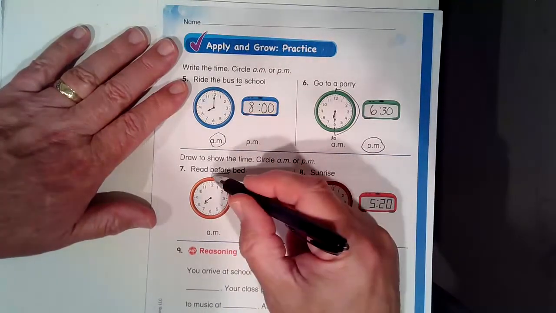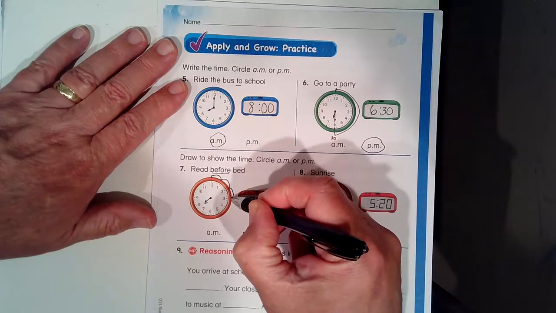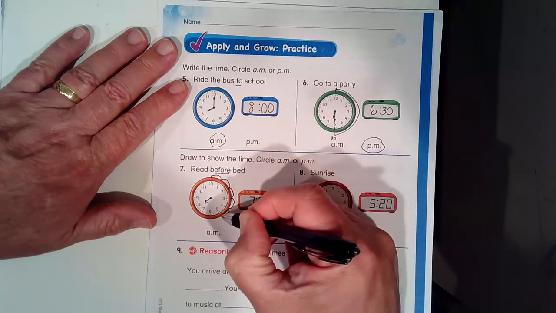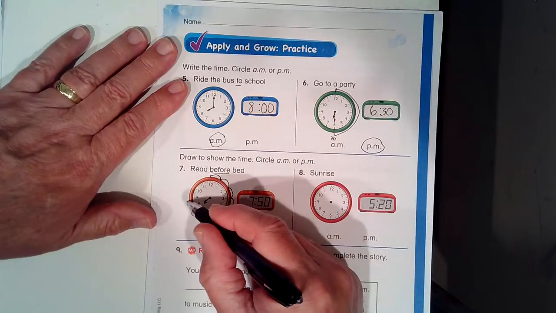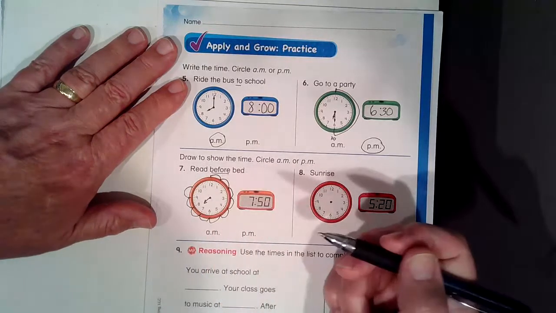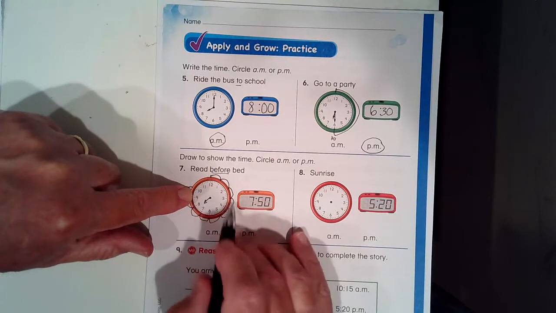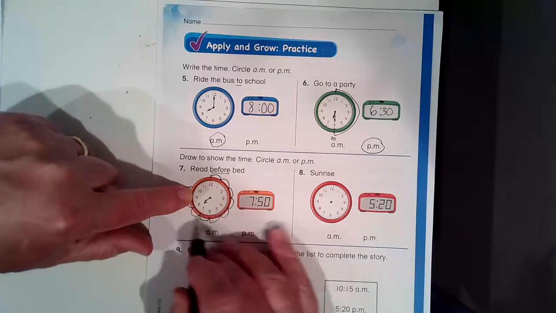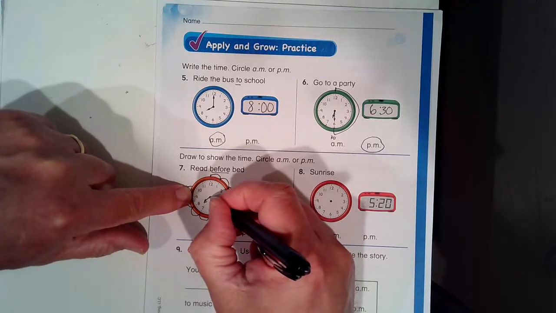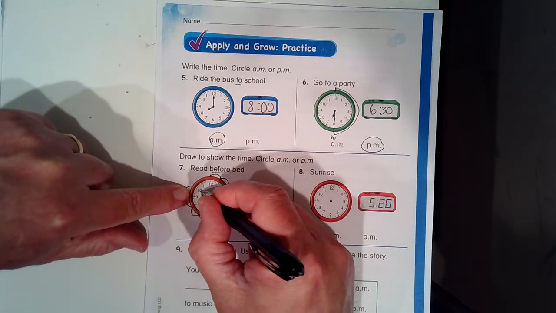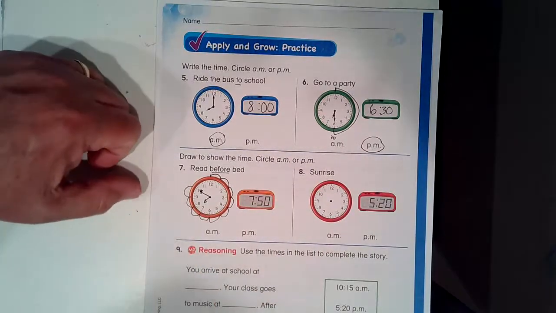I want to go 50 minutes. 5, 10, 15, 20, 25, 30, 35, 40, 45, 50. So that's right on the 10. 10 sets of 5 equals 50. And let's do the minute hand, the long hand, right out to the 10.